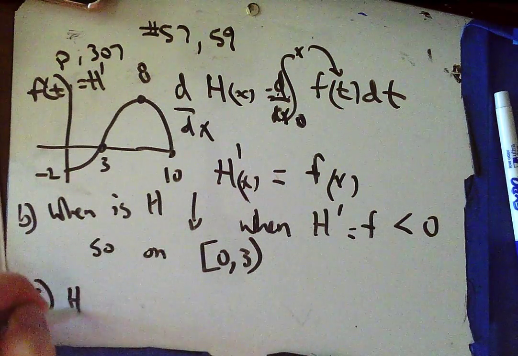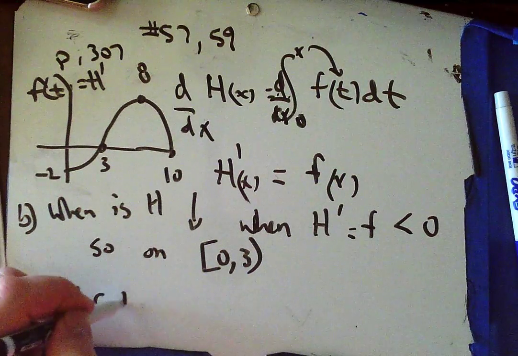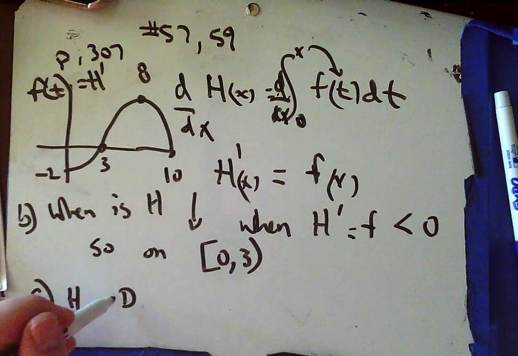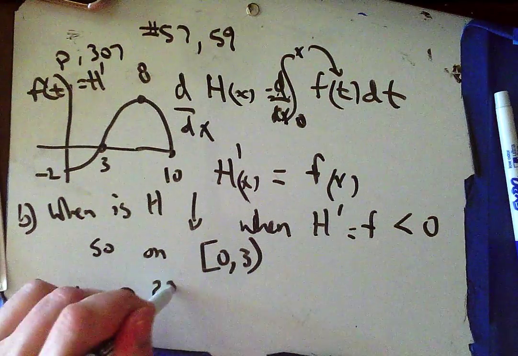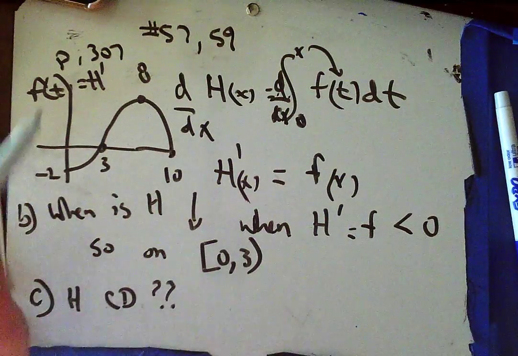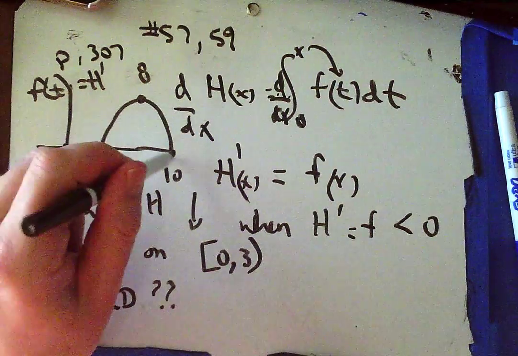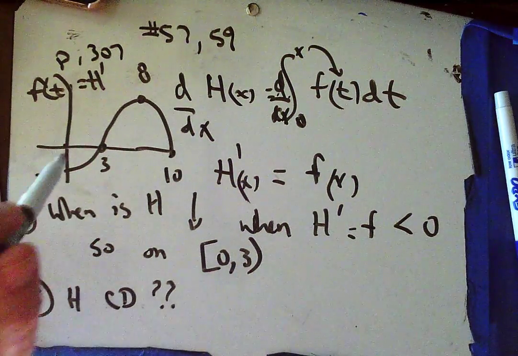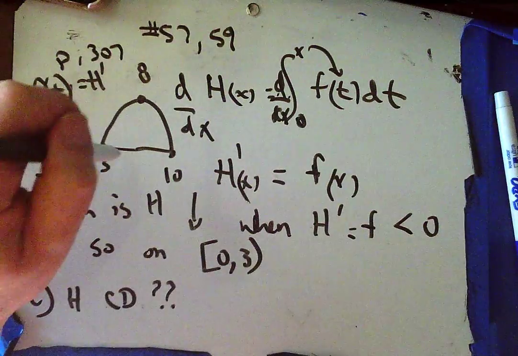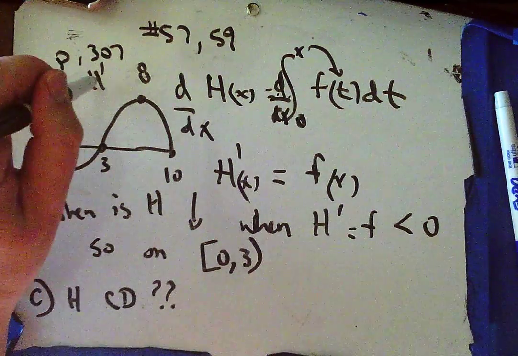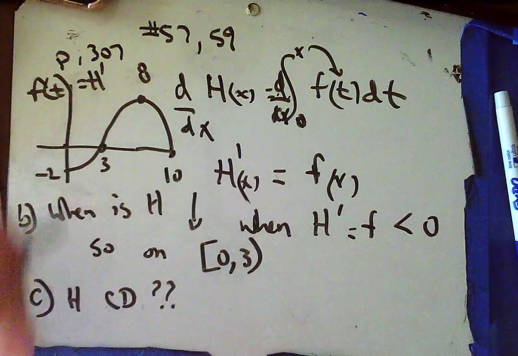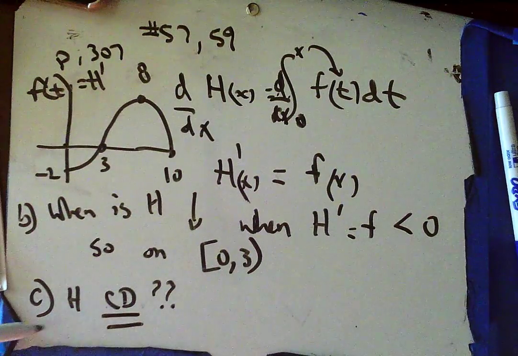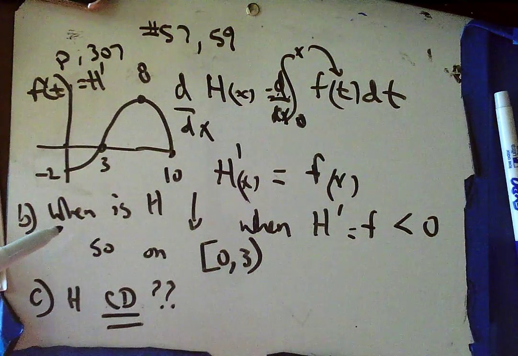Part C. When is h concave down? On 0 to 10? Because we're going from 0 to 10? Well, remember, this is not h. This is h prime. And how do I know about concavity when I look at h prime?